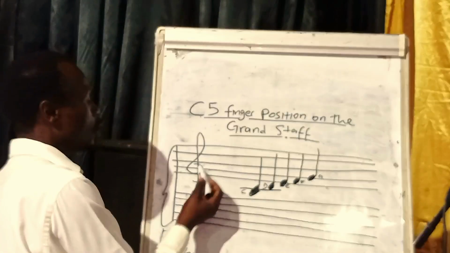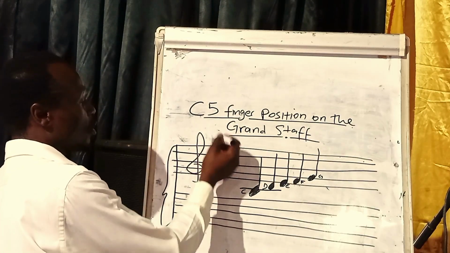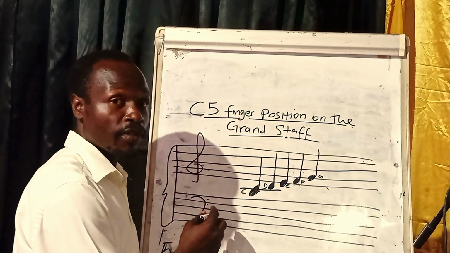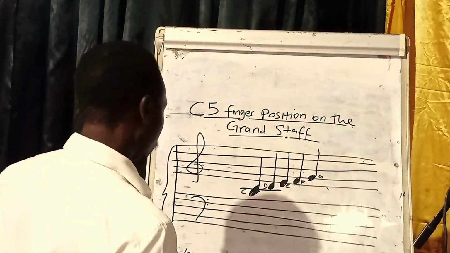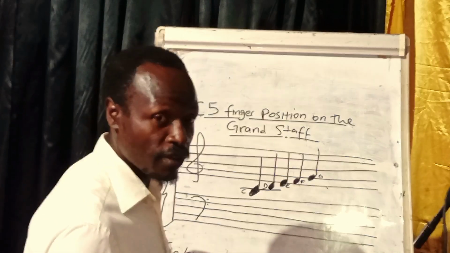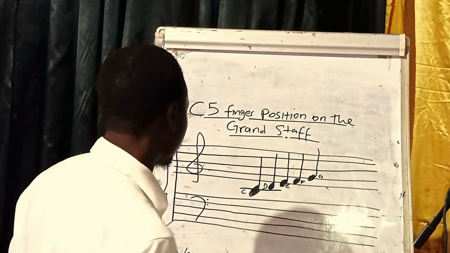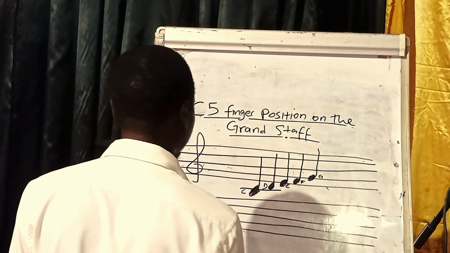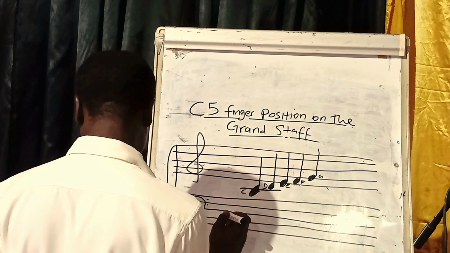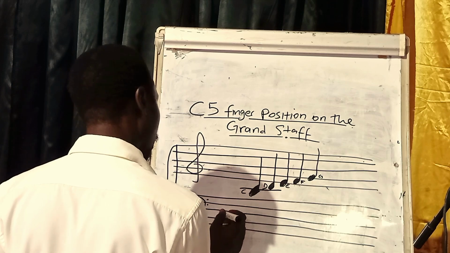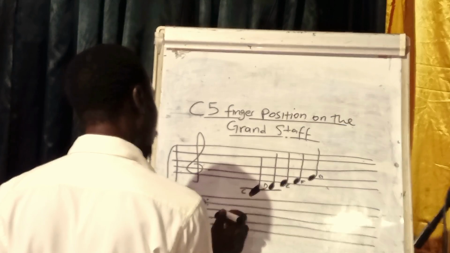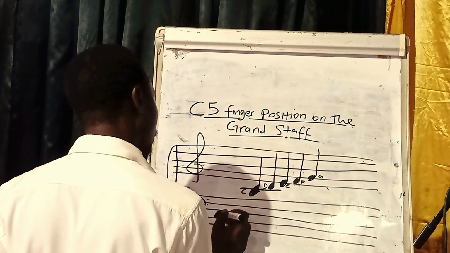I said when you see a treble clef on a staff, it means your right hand. When you see a bass clef on the staff, it means your left hand. So let me proceed and do the C5 finger position on the left hand side. We start here. Our first C note on the left hand is on the second space.